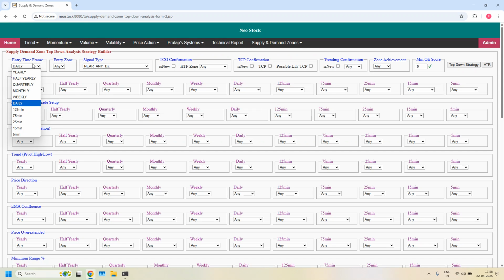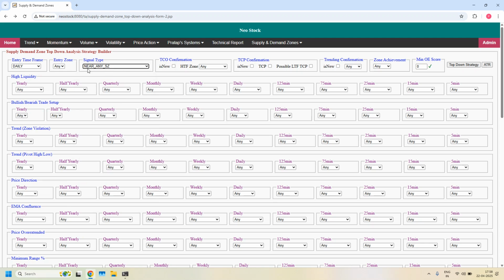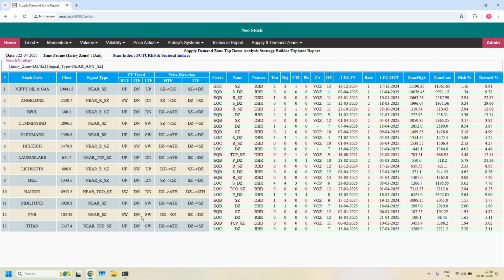Next, for daily time frame, let us find the stocks near to the daily supply zone. We got 13 stocks. Let us identify high liquidity daily supply zones from this list. Angel 1 is having a high liquidity supply zone. BPCL is having a high liquidity supply zone. HCL Tech is having a high liquidity supply zone.